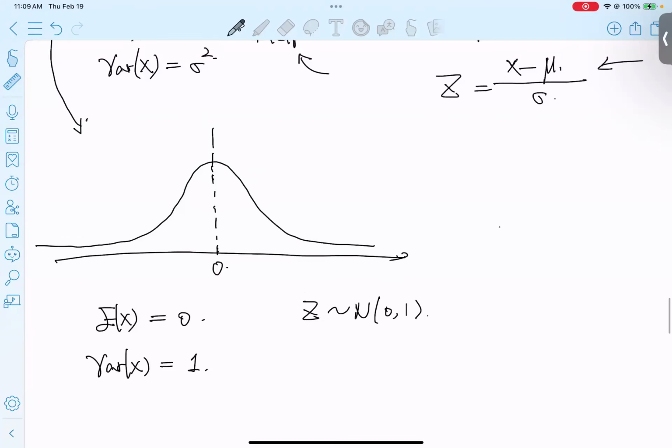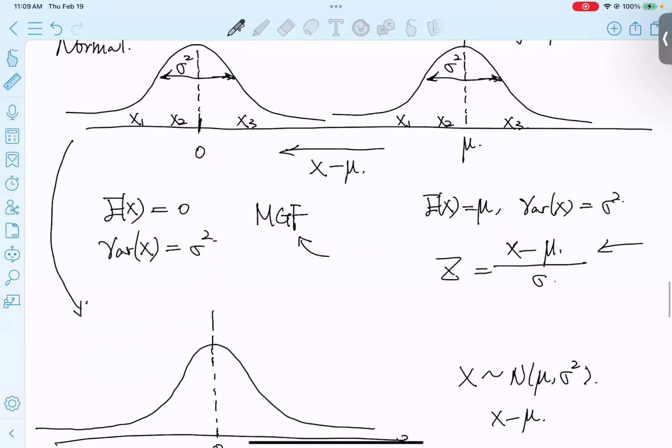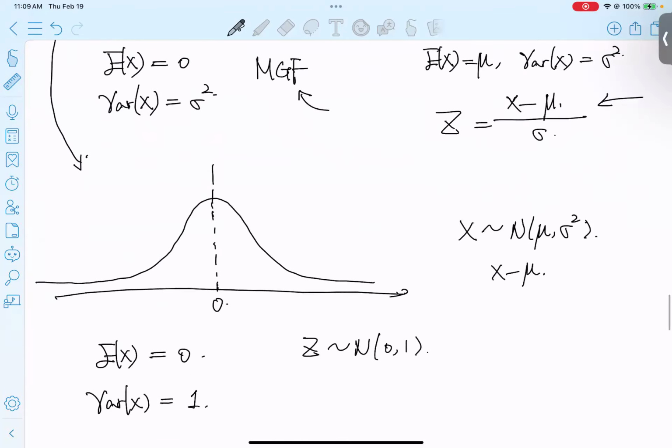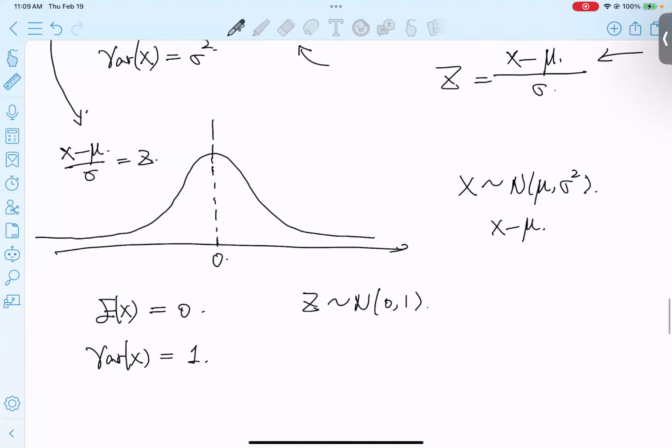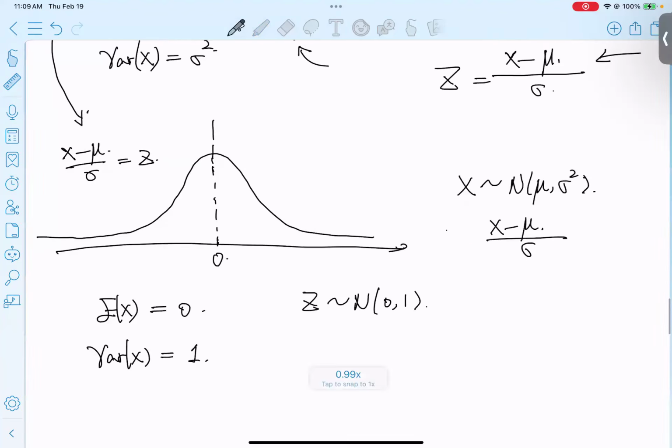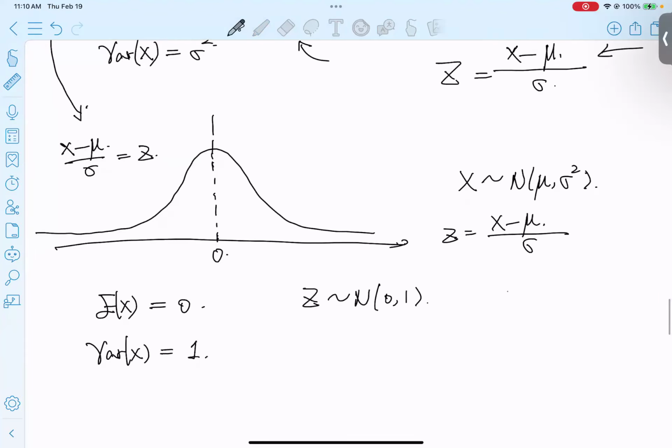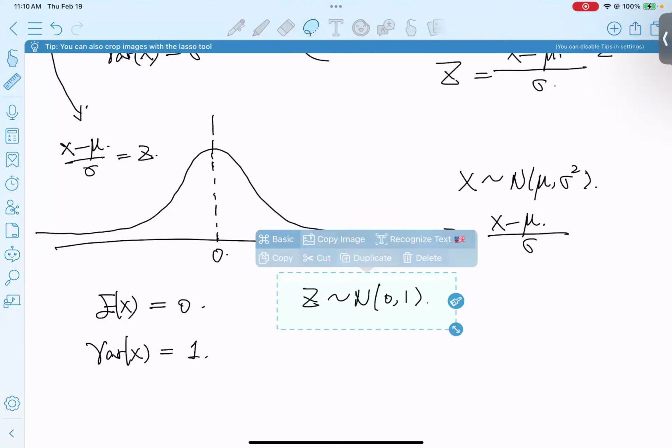If you have x following a general normal with mu and sigma squared, through x minus mu, pulling everything toward 0, scaled by 1 over sigma, x minus mu, to get the z, you will get z following a standard normal.